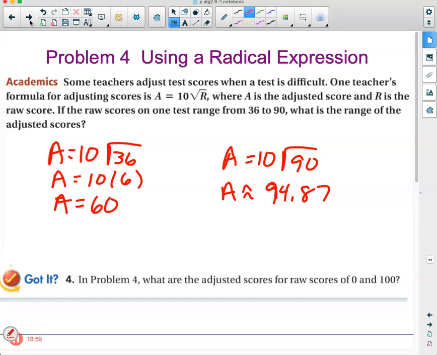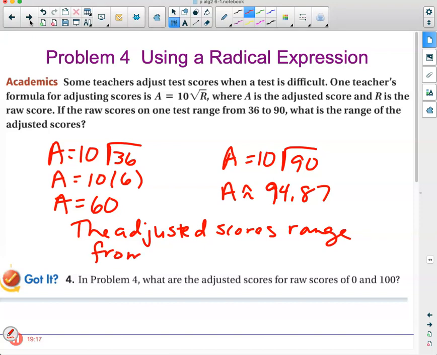So if the scores were from 36 to 90 for raw scores, the adjusted scores range from 60 to approximately 94.87.